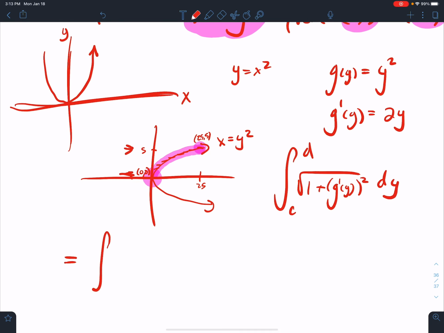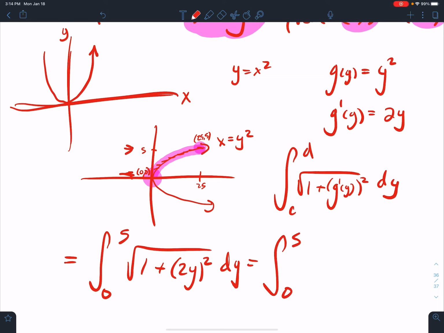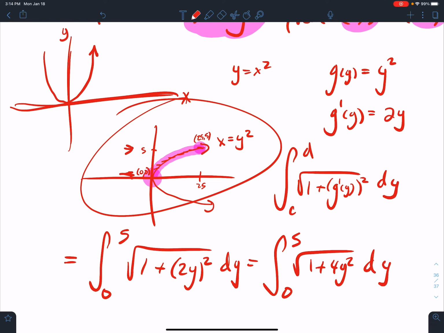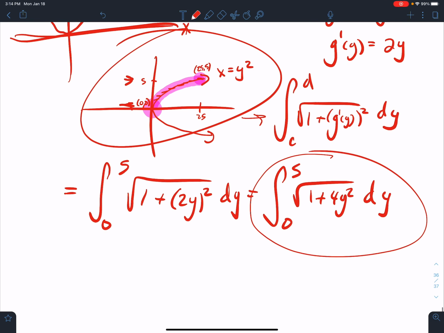So this is equal to the integral from 0 to 5, square root of 1 plus (2y) squared dy. Simplified. So all you need to do is just simplify, and then you can put it in your calculator. So I want to see the picture. I want to see your formula, and then that's simplified, and now you can solve.